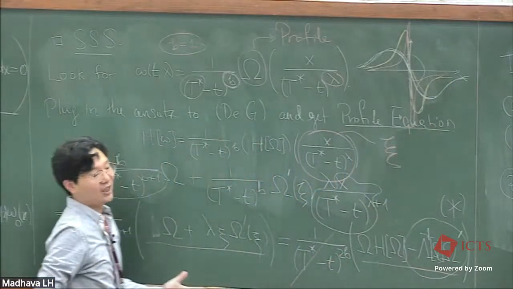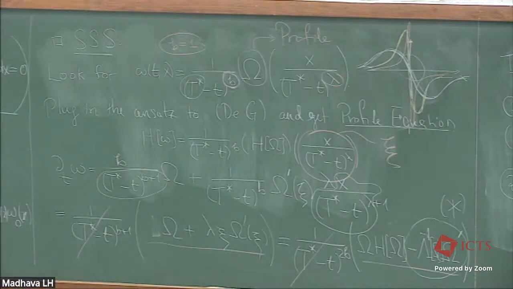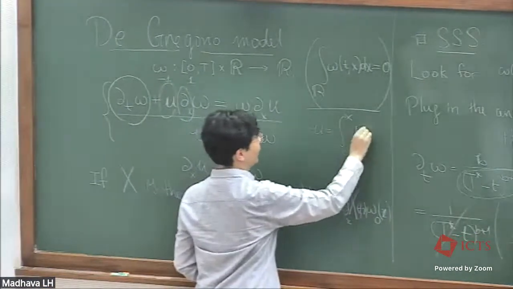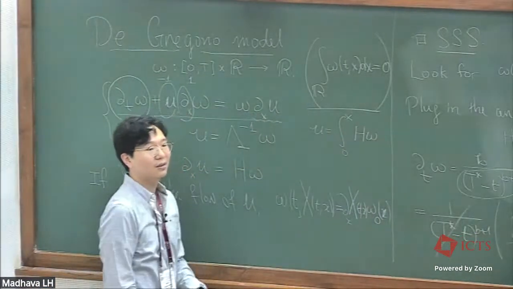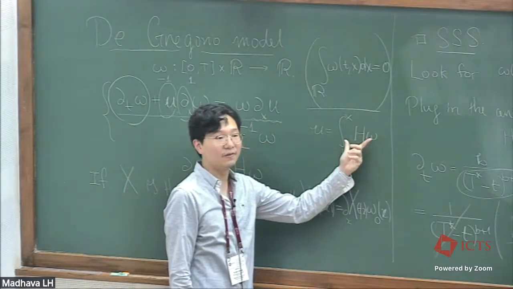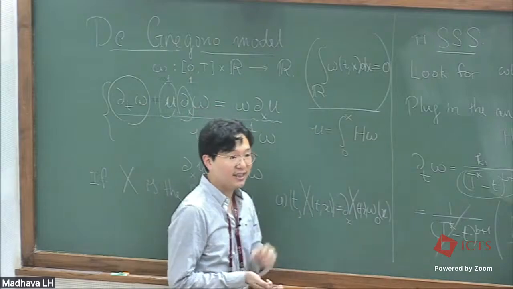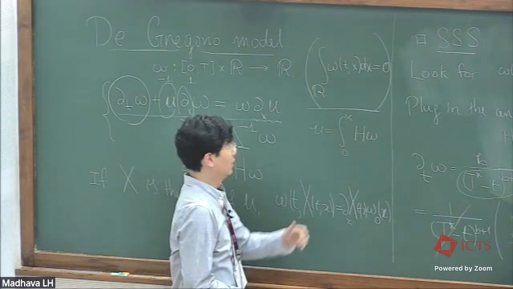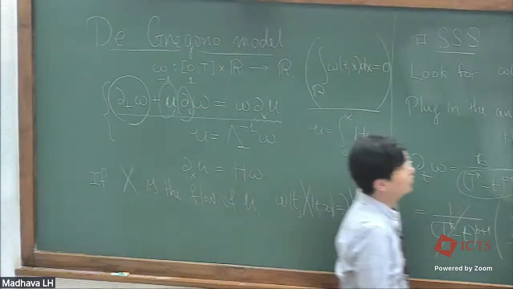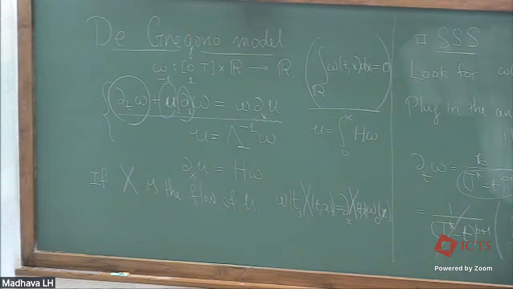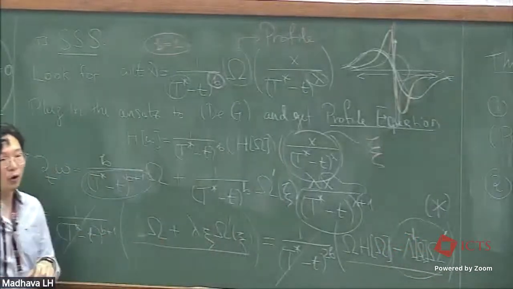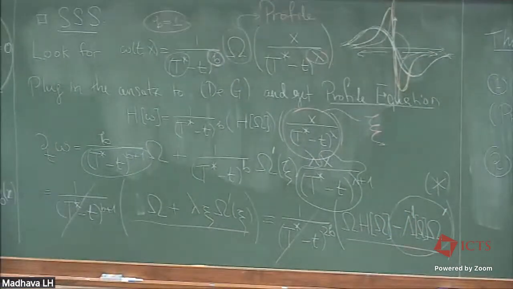But then what does the transport do? Velocity is the antiderivative of the Hilbert transform. And because the Hilbert transform was positive near the origin, which is necessary to get blow-up, this is positive for x positive. So the transport is always pushing you away from the point where you want blow-up.